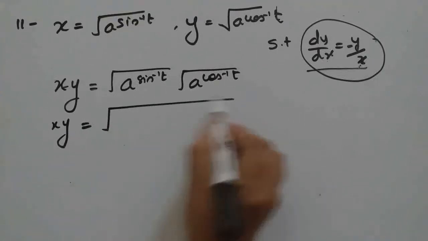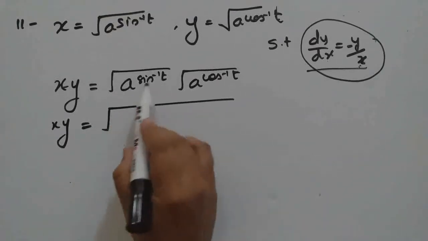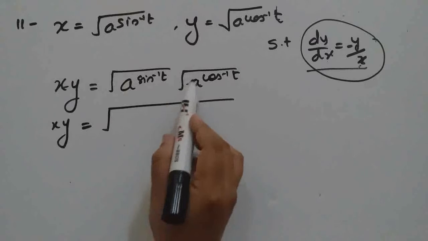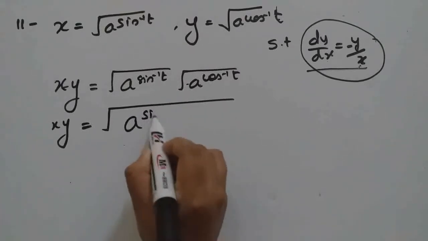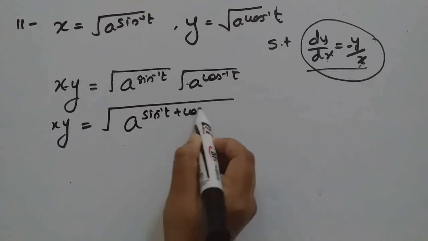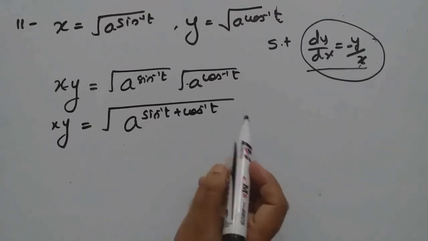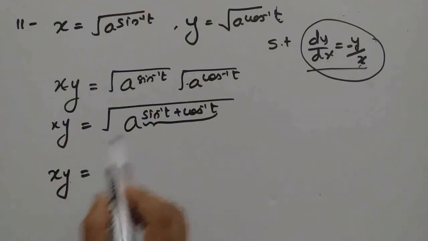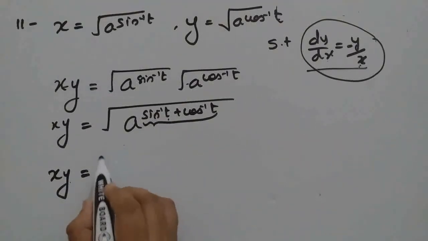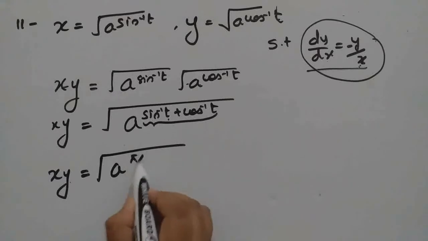So both are in multiplication, so powers we can add. So sin inverse t plus cos inverse t, isn't it? But what is sin inverse t plus cos inverse t? Recalling the inverse trigonometric formula, this is nothing but pi by 2.